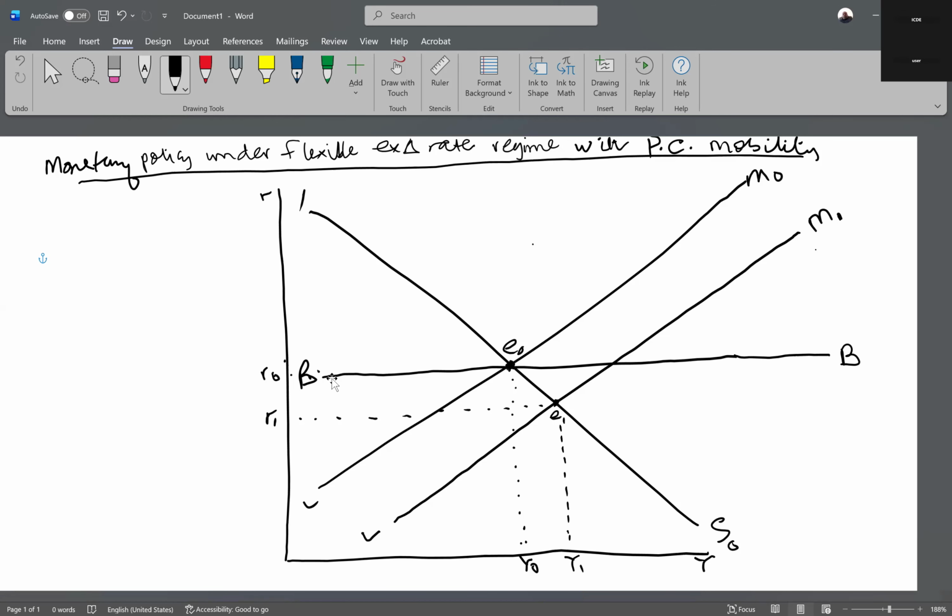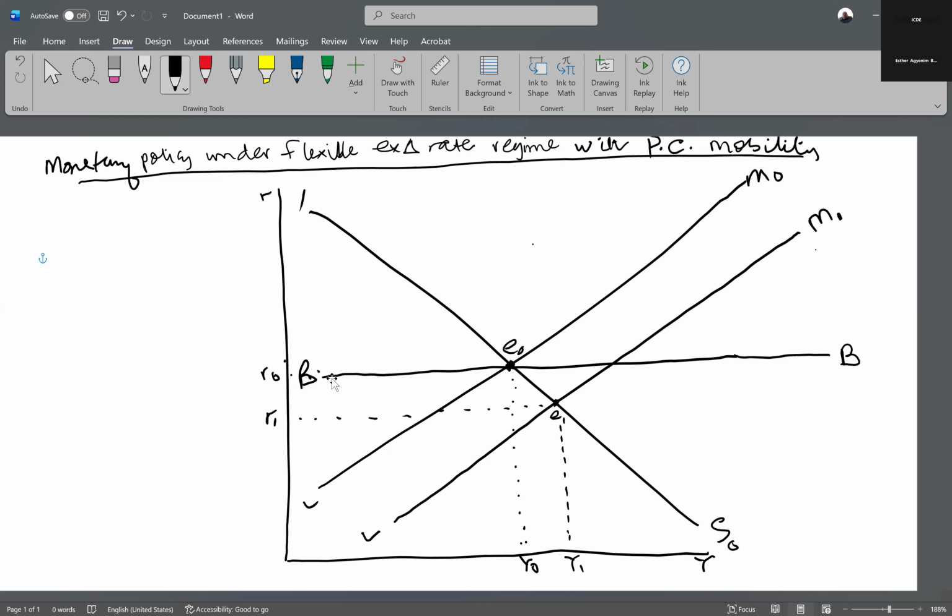So it means that exports will now exceed what? Imports. As exports become cheaper, demand for exports will increase, and then demand for imports will fall. So exports will now exceed imports, causing balance of payment surplus, isn't it?